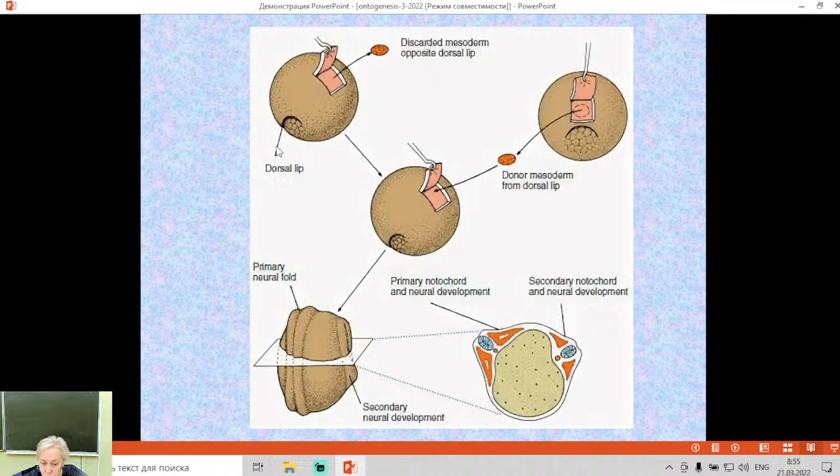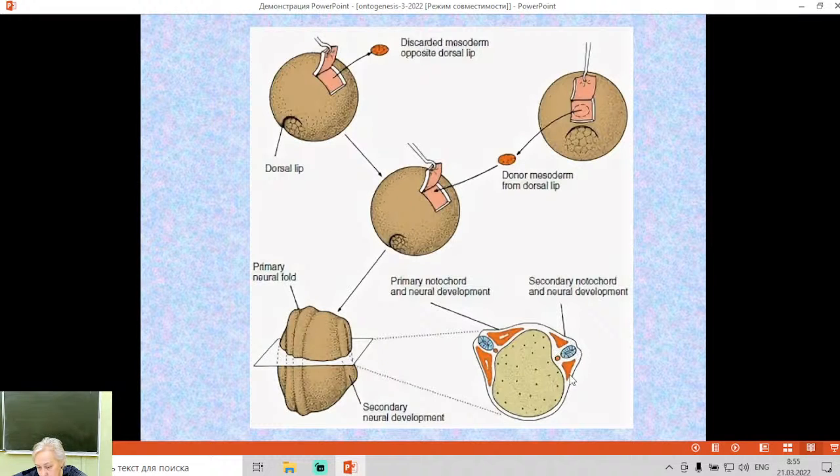In this process, the dorsal lip and discarded mesoderm opposite the dorsal lip, and in the other embryo, donor mesoderm from the dorsal lip is under the ectoderm. These mesoderm cells influence the ectoderm and the ectoderm forms a neural tube.